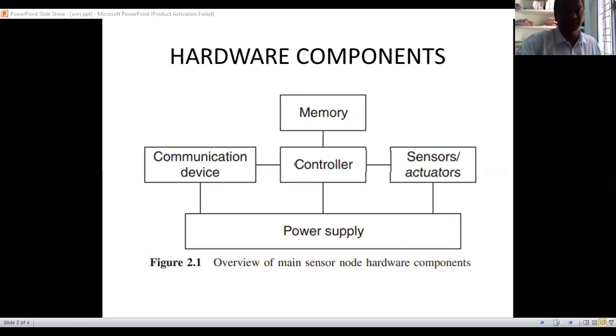Your prescribed textbook is Protocols and Architectures for Wireless Sensor Networks. Okay, so the remaining will be discussed in the next class. Now I am recommending this for this topic. Thank you.